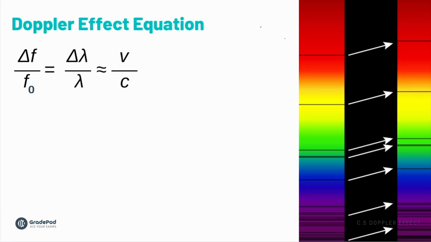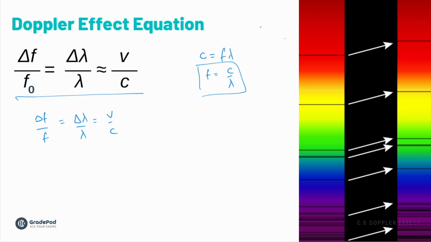In the data booklet, your Doppler effect equation is actually given in this term. And the reason we can do that is because c equals f lambda, f equals c over lambda, and we can then substitute that in to give us this idea of frequency in that equation as well. It just makes it a bit easier to analyse, and this is the equation that's given in the data booklet.